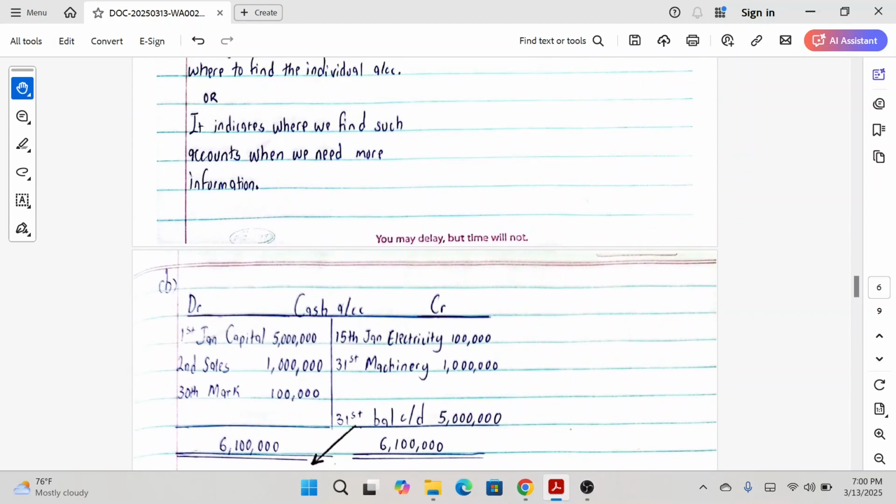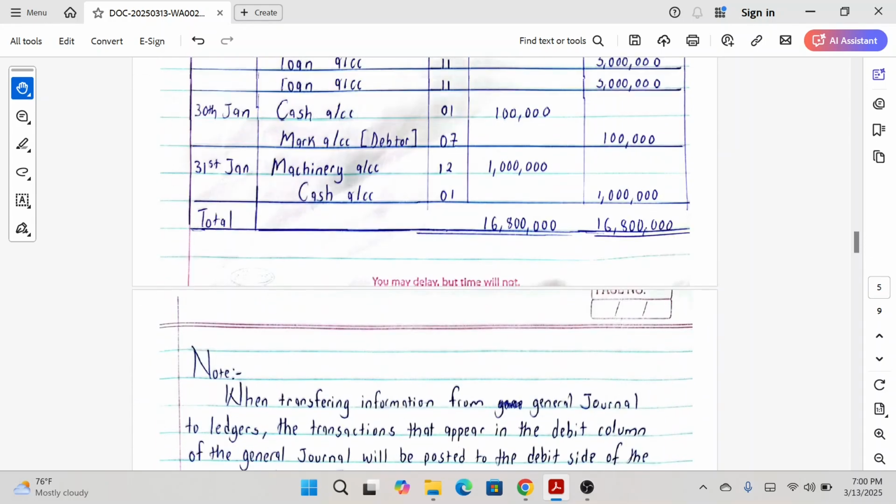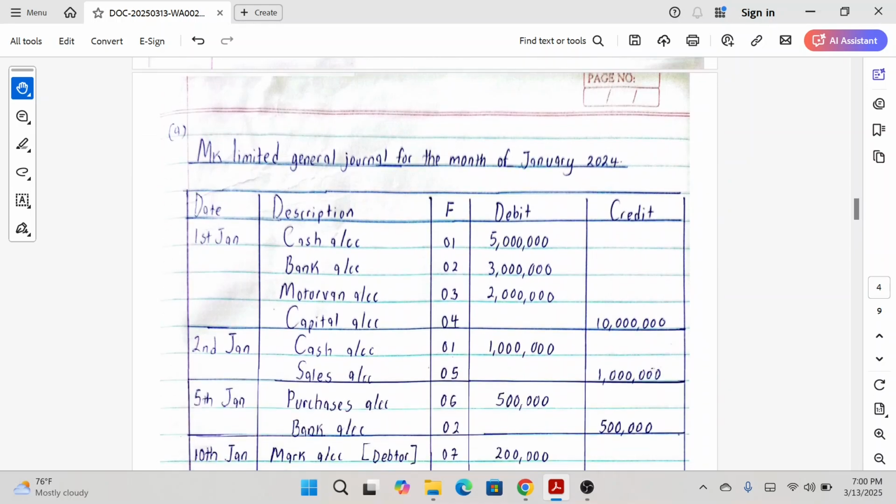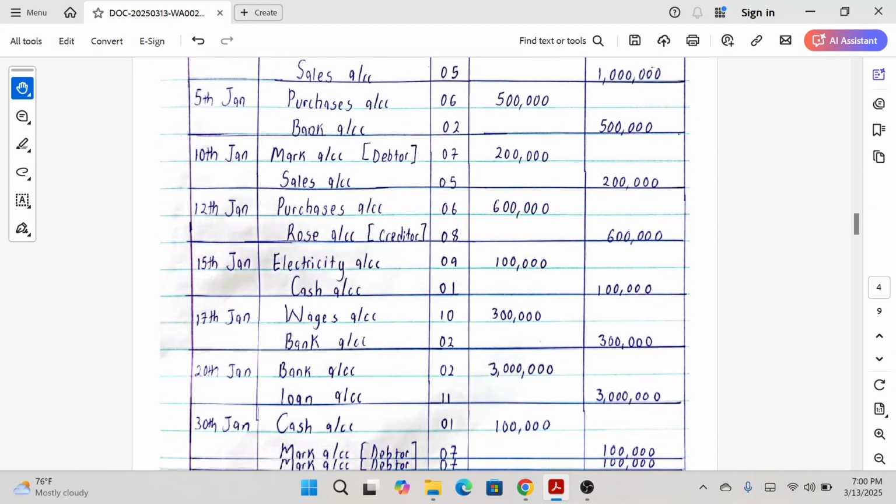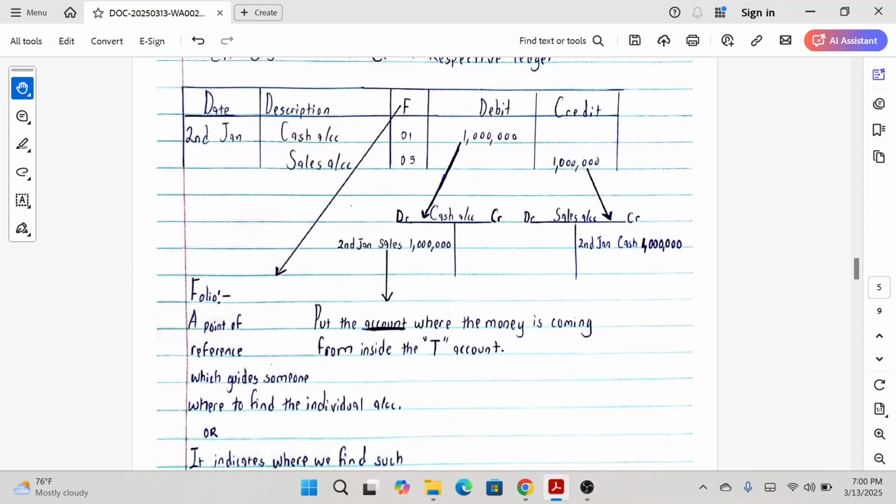Having drawn them, then you start filling in. You just copy from your general journal. So you go to cash, which is your number 1. You go on the debit side, and on the debit side there's 5 million, but this money is from the account of capital. So you go to the debit side of cash.